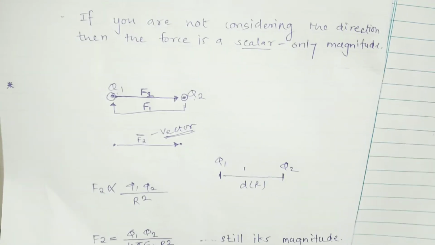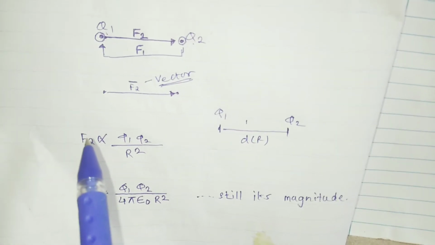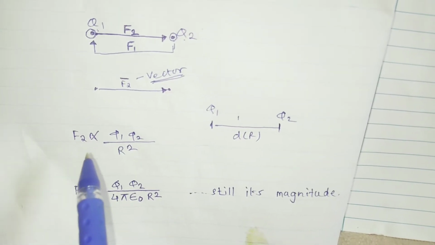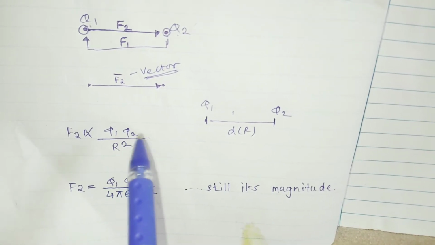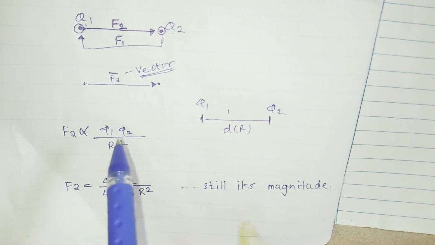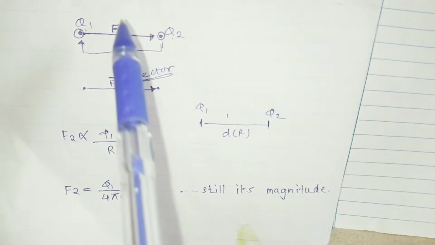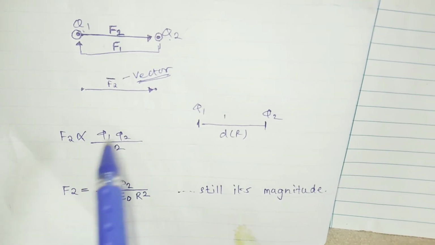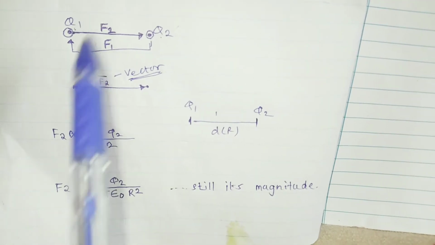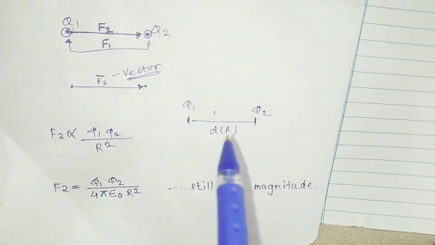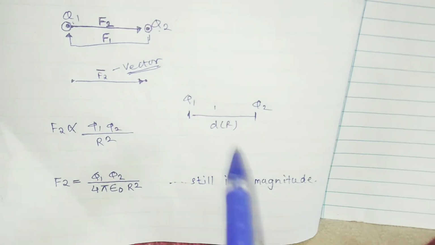Then Coulomb's law tells that f2 is directly proportional to q1 into q2 divided by distance square, right? So this force f2 is directly proportional to the charge on q1, the charge on q2, divided by distance square, where this is a distance d or r, you can give any notation.